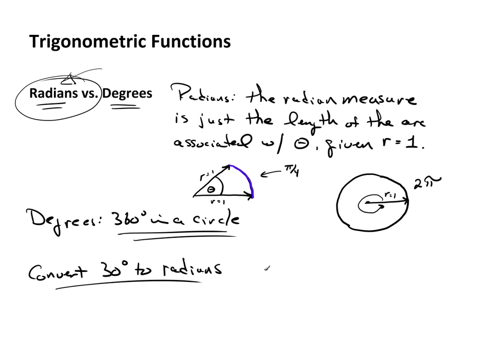Okay, so I'm going to have 30 degrees. And I want to multiply this by 1. And the one I'm going to pick is pi radians divided by 180 degrees, because pi is the same as 180 degrees. So this is multiplying by 1, different units, but it's still 1. Well, the degrees cancel out.